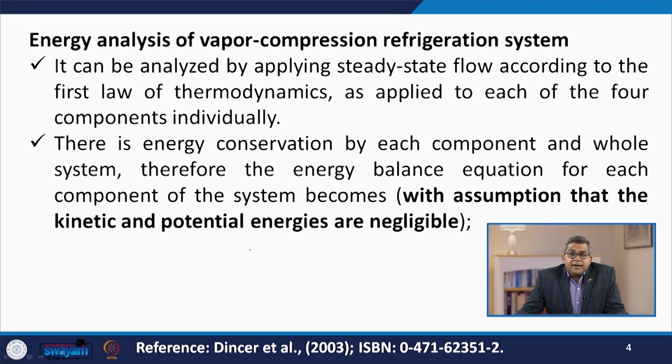Now there is energy conservation by each component and the entire system. Therefore, the energy balance equation for each component of the system becomes very important, with the assumption that the kinetic and potential energies are negligible. We are taking all these reversibilities into consideration and we need to take the proper assumptions.